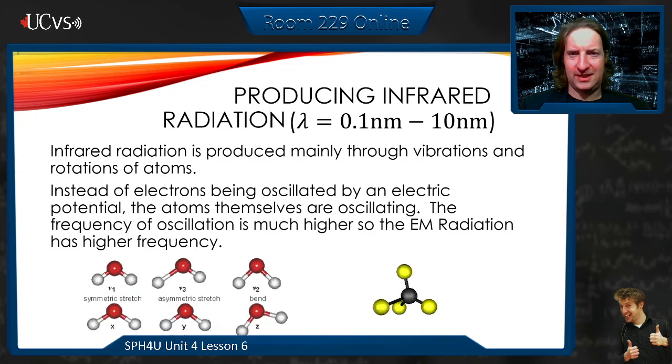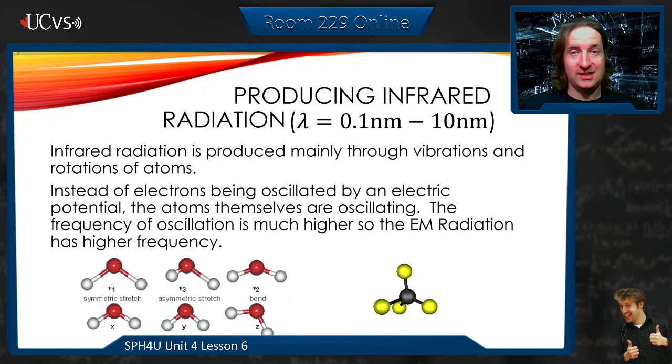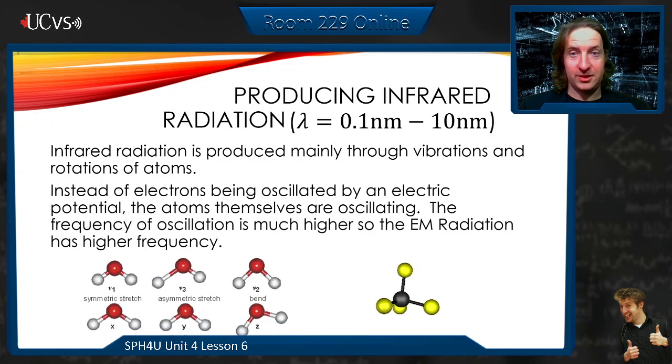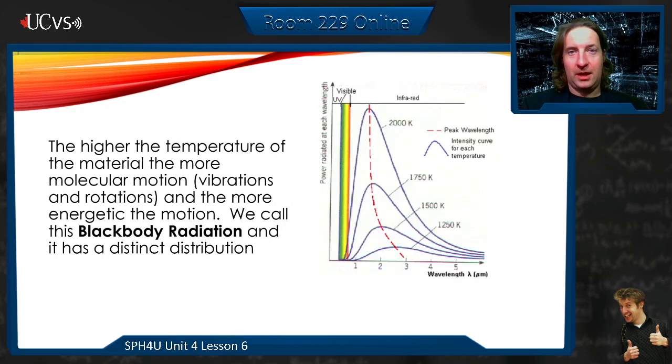We'll get to that in lesson 5. But imagine there are these electrons around this hydrogen atom, and they're vibrating. As they move at these frequencies, they generate electromagnetic radiation. We call this infrared. Now, the higher the temperature of the material is, the more molecular vibrations we get.